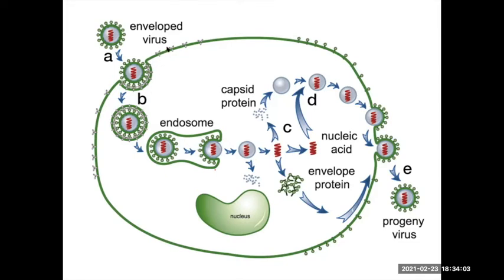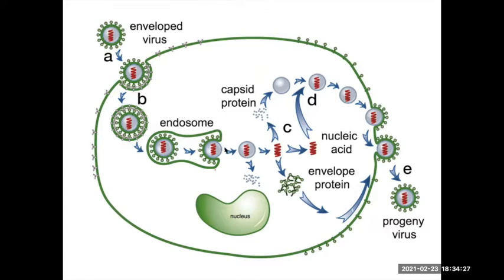These receptors are like locks, and the viruses have a key. Once they bind to those, they trigger this whole endocytosis action, and the cell, which had these receptors for other purposes, has been hijacked. And now the viruses get inside the cell, and then they do their stuff.